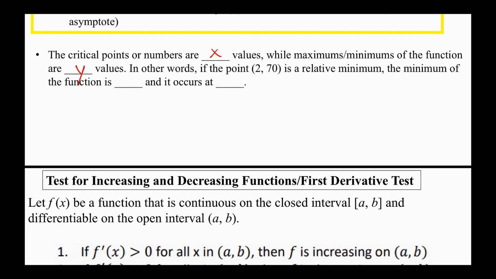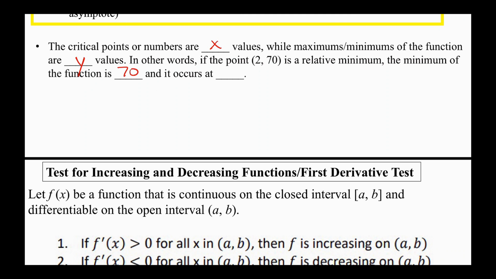In other words, if we find that the point (2, 70) on some function is a relative minimum, we would say the minimum is 70 and it occurs at 2. Sometimes they'll ask what the minimum is. They don't want the point, they just want the y value. Or what's the critical point? That's just the x value. So each one serves a purpose, but sometimes they want one over the other.